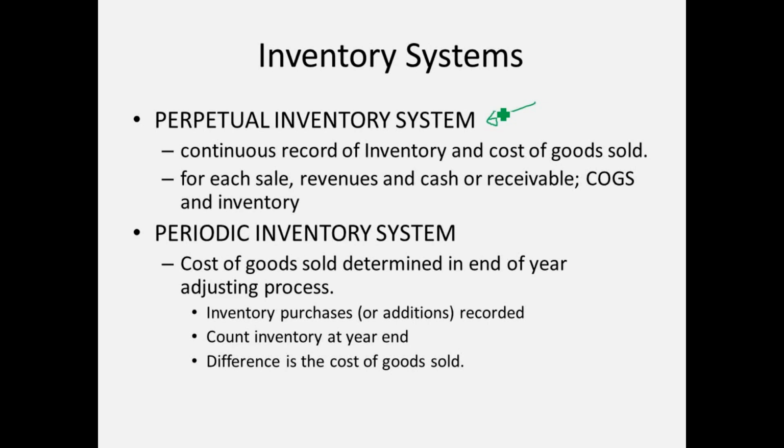I'm making a sale, and I now have less inventory, okay? So when I record a sale, I have cash coming in and sales revenue, and at the same time, I record cost of goods sold and inventory. So this reflects the fact that I have one fewer unit or however many fewer units of product.